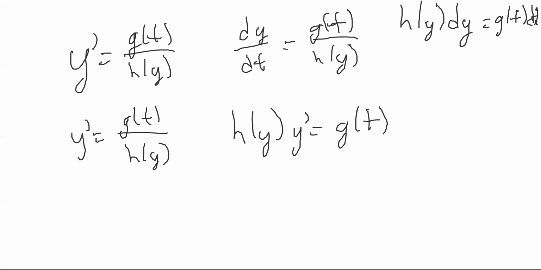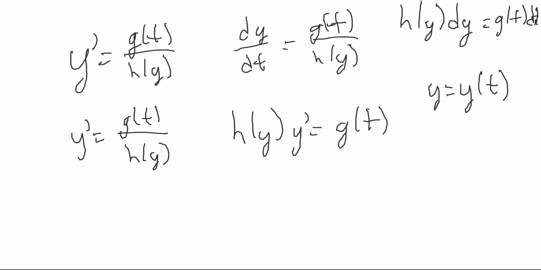Recall that y is a function of t. That is our assumption all the time if we're trying to solve a differential equation. That function with a derivative in it is a function of our independent variable throughout the rest of this equation.